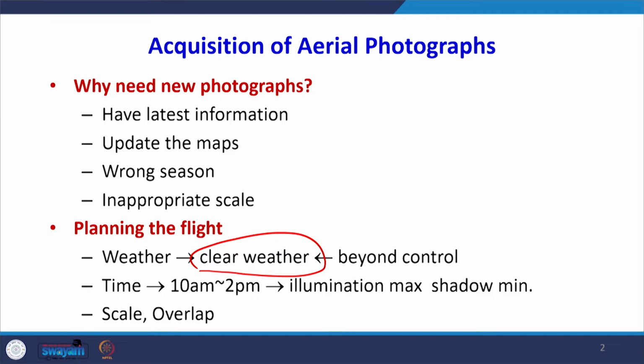Time, yes, we can maintain, preferably 10 a.m. to 2 p.m., because the illumination is maximum during that time and the shadow effect is minimum, particularly in hilly areas where there is a lot of undulation. We prefer the morning time when the pollution is less and the illumination of the sun is maximum, because we are mostly using daylight.